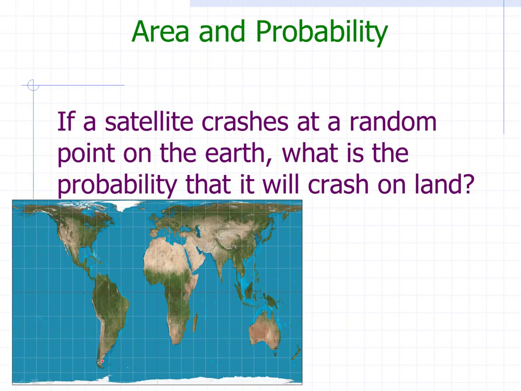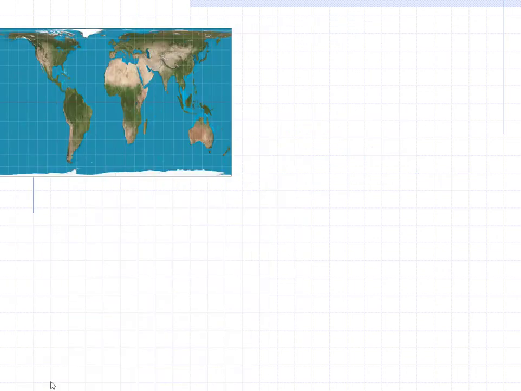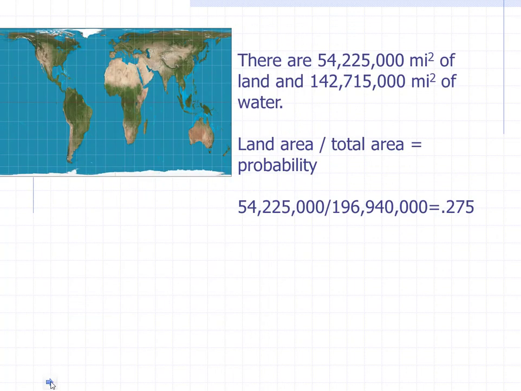Whenever you see a flat map, it becomes a little problematic because the Earth isn't flat, but this will give us just an idea to think about and to envision. So here's our map, and there's over 54 million square miles of land and over 142 million square miles of water. So what's the probability that the satellite's going to crash on land?